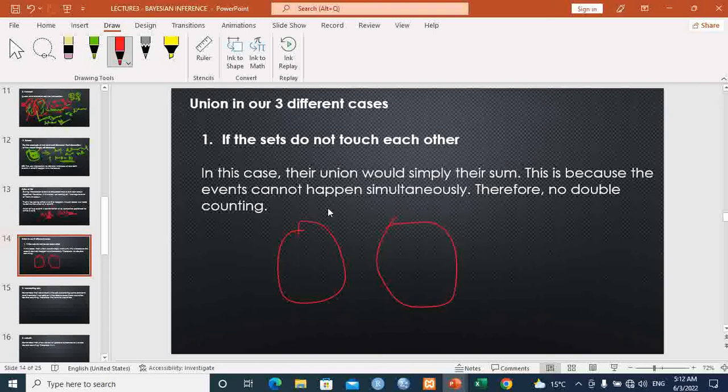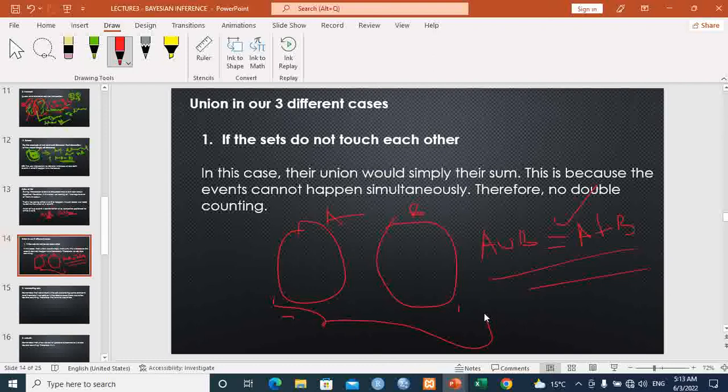Events cannot happen simultaneously, A and B. In this case, you cannot have a draw and a win at the same time, so A union B will be equal to set A plus set B. If they don't touch each other, they can't happen simultaneously, and so we are not at risk of double counting.